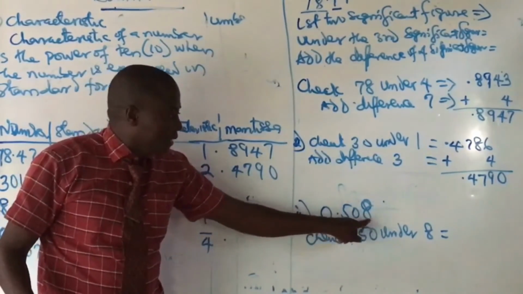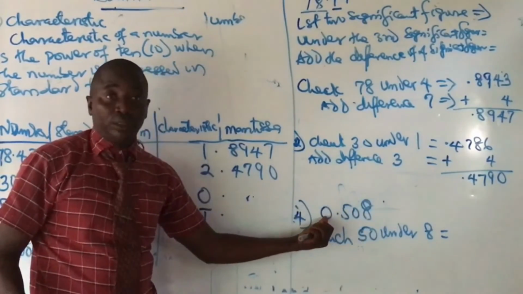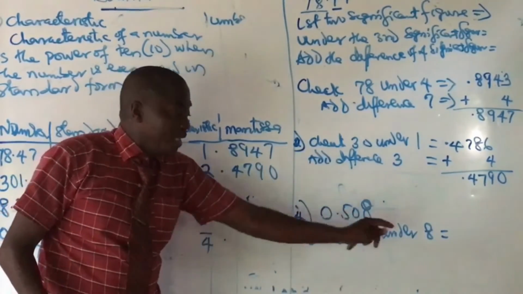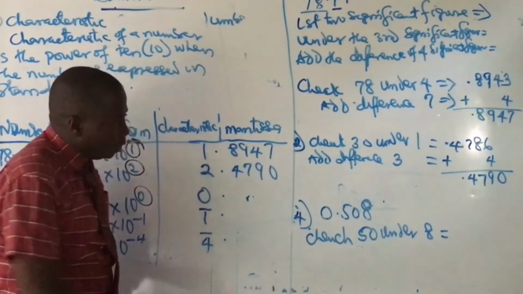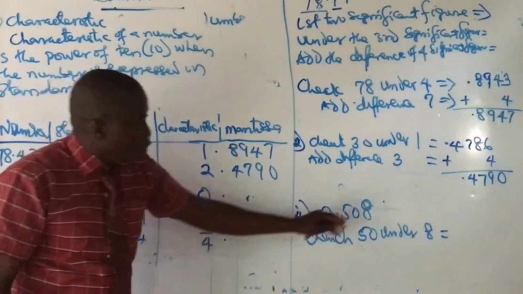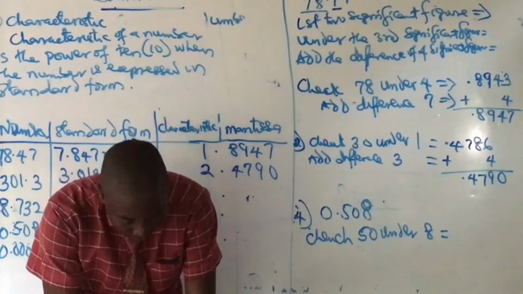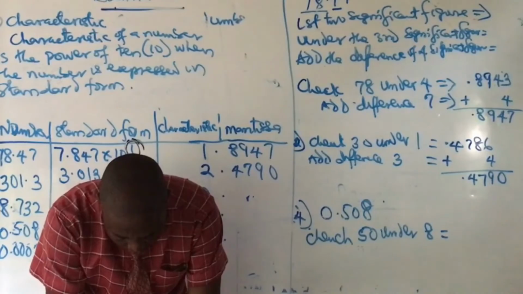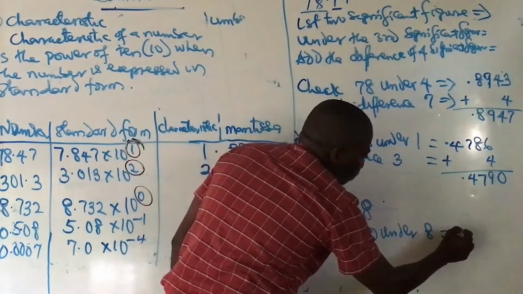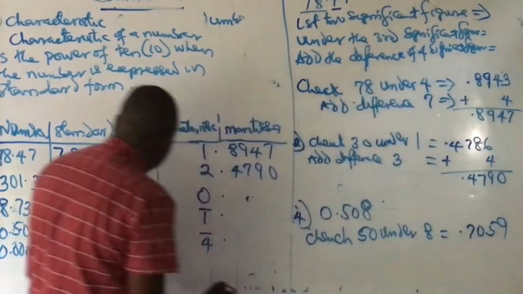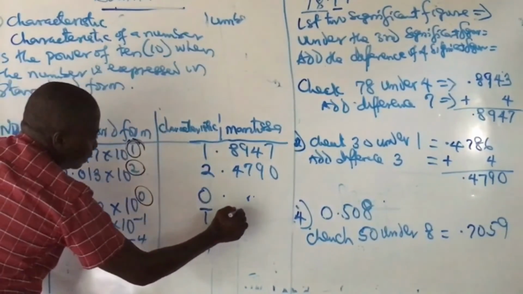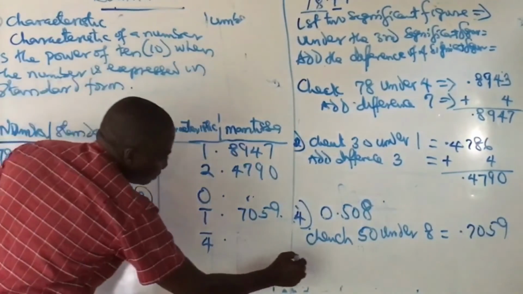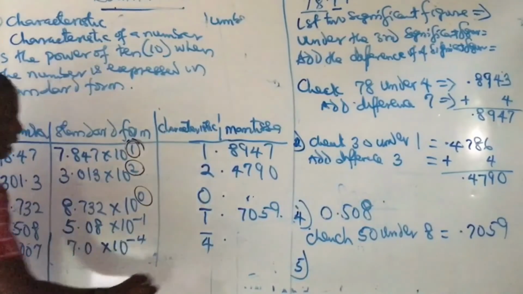So we now have 3 digits, 508, because this one is not a figure, since it comes before a significant figure. So it will not be 50 under 8. No difference, because there's no 4th digit. So 50 under 8 is 7059. So the answer to the fourth one will be 0.7059.